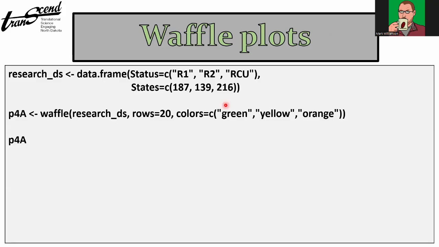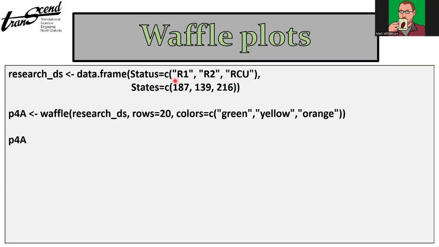Let's switch to a similar sort of plotting method of essentially plotting counts across groups, which is a waffle plot. So start out very simple. I looked at the number of research universities across the US, R1s, R2s, and RCUs.